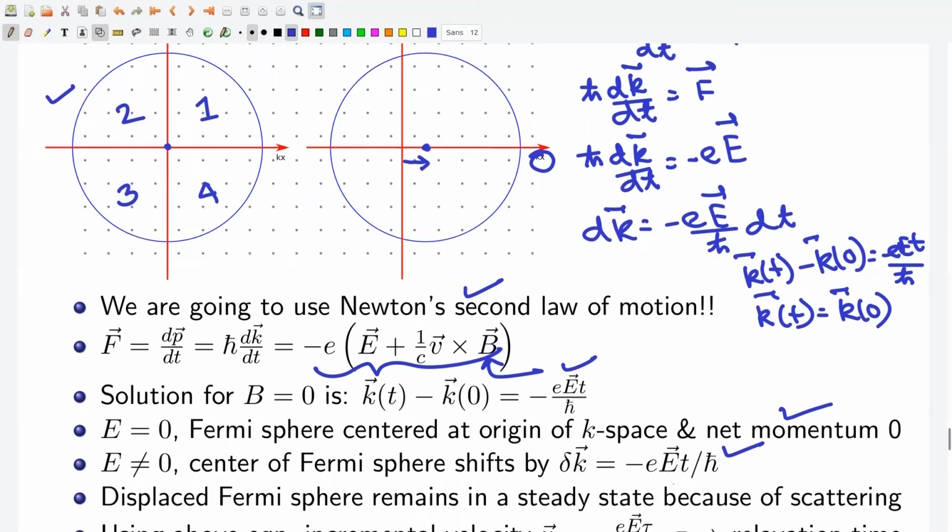But we know that it does not happen that way. Similar to the Drude model, we have to assume some scattering, and that scattering will keep the displaced Fermi sphere in a steady state. So the Fermi sphere will reach some steady state where the center is not at the origin, but it will not keep shifting forever. It will remain there, and that is because of the scattering.